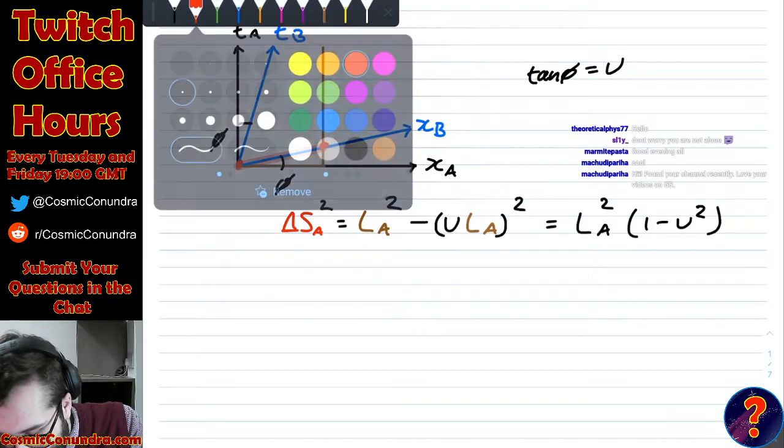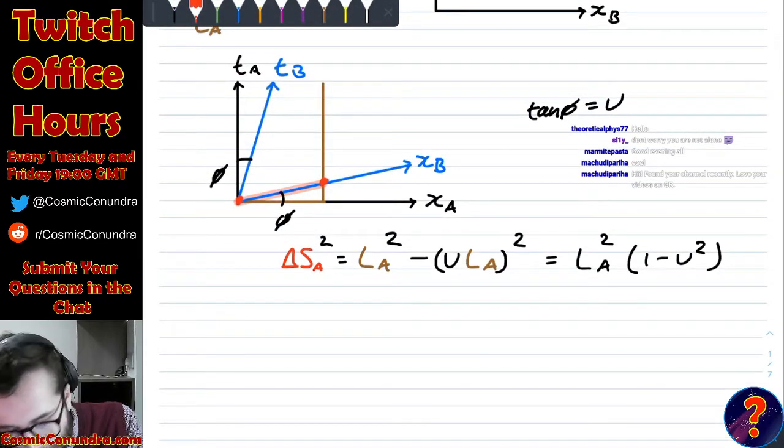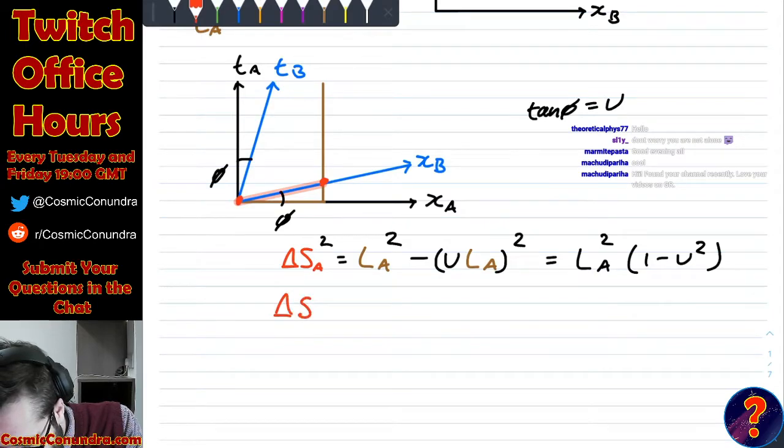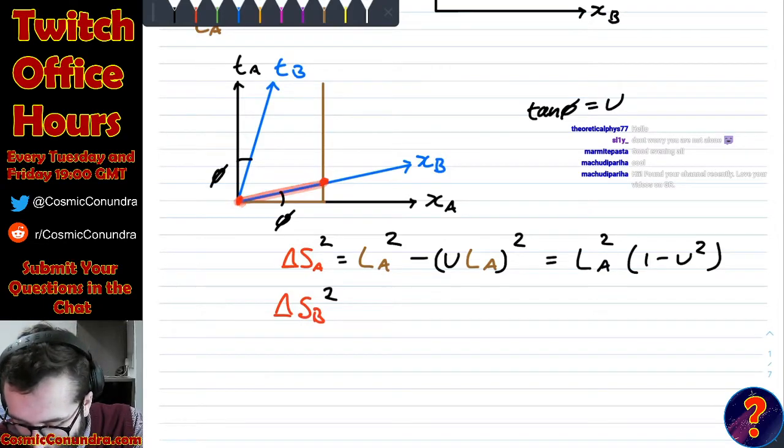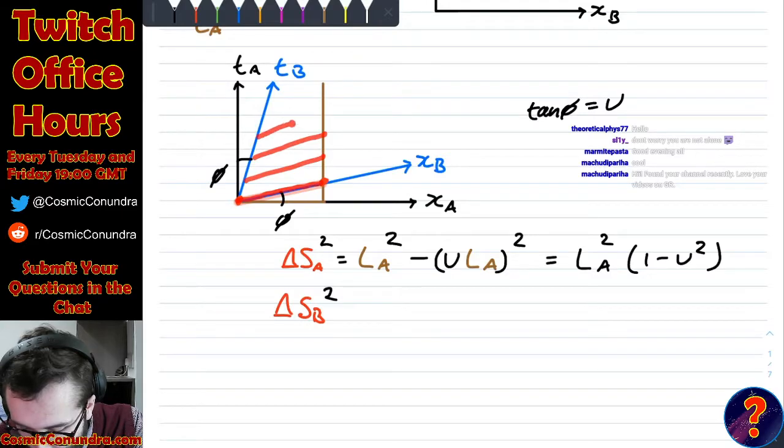Well, now let's think about what person B will measure. Person B measures the difference between these two red points simultaneously. These lie along one of these lines of simultaneity in B's coordinate system.